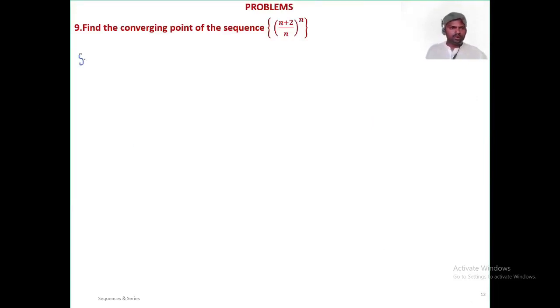Yeah, again same problem. See, I have taken different problems from different areas. Yeah, so limit n becomes large, an, which is limit n becomes large, n plus 2 upon n raise n.